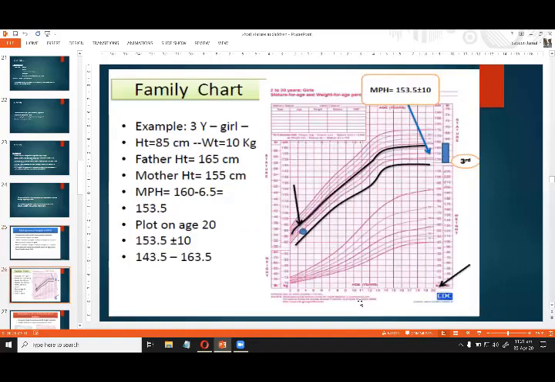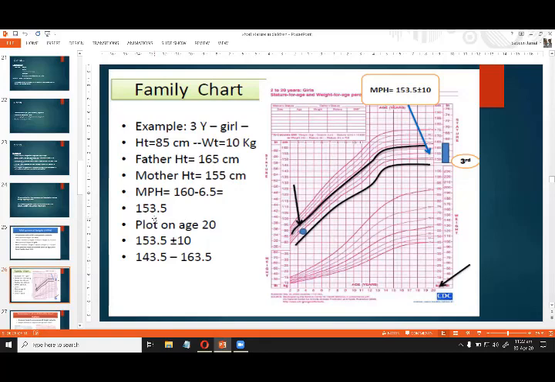For example, you are examining a 3-year-old girl and her height is 85 centimeters. This is where it falls. The heights of the mother and the father are 165 and 155 centimeters. Since she is a female child, you add them, divide by 2 and subtract 6.5.